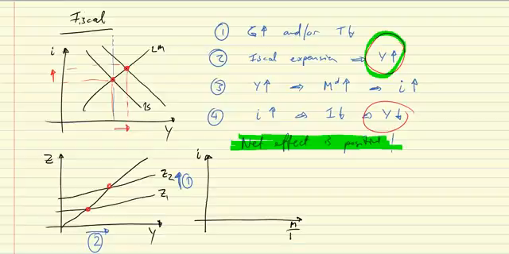In the financial market, we have a money demand function, and the increase in income here leads to a rightward shift of this money demand function.